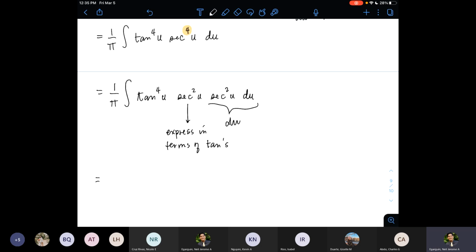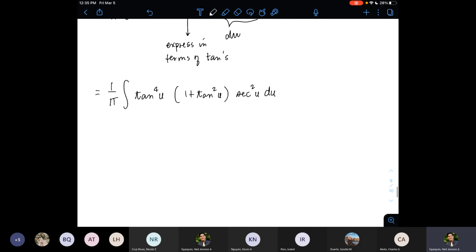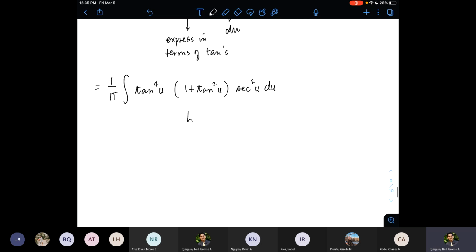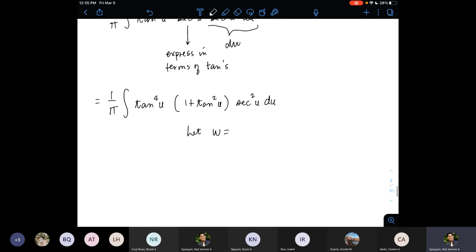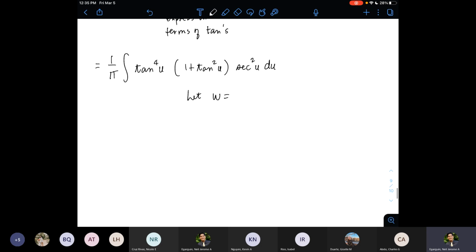So that means I'll have 1 over pi integral of tangent to the fourth u, and then secant squared is 1 plus tangent squared u, times secant squared u du. Here I can do the substitution. I will let w be equal to tangent u. This will require dw as we intended, secant squared u du.